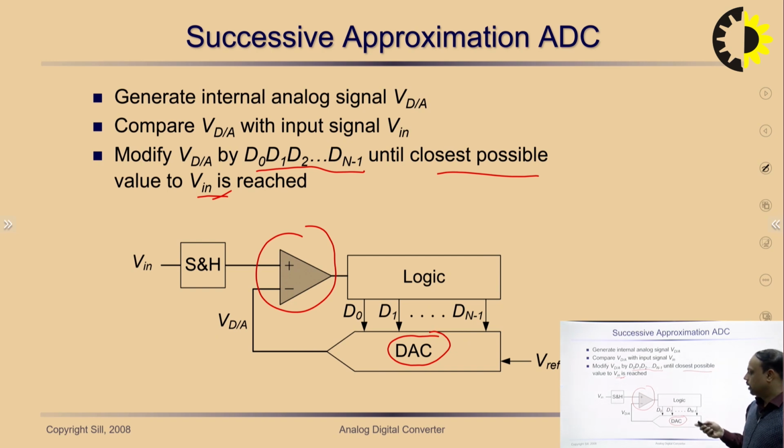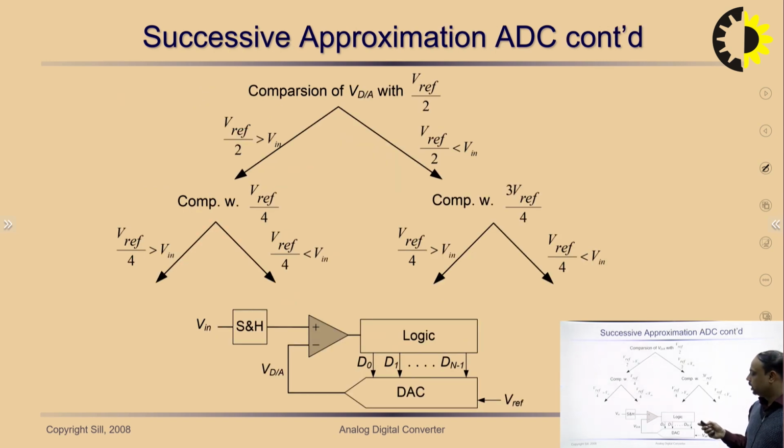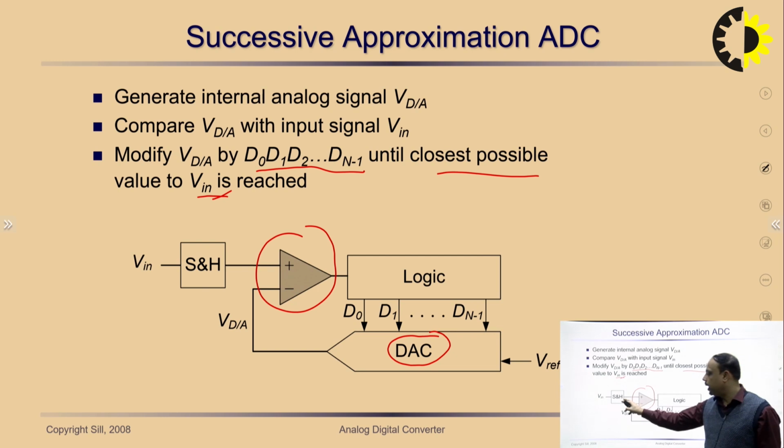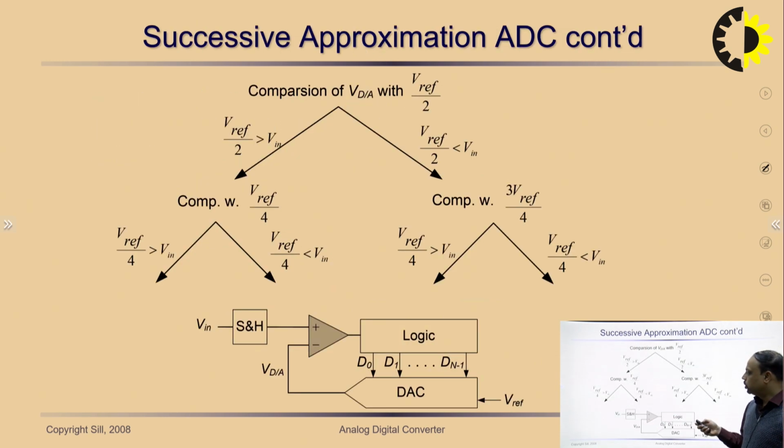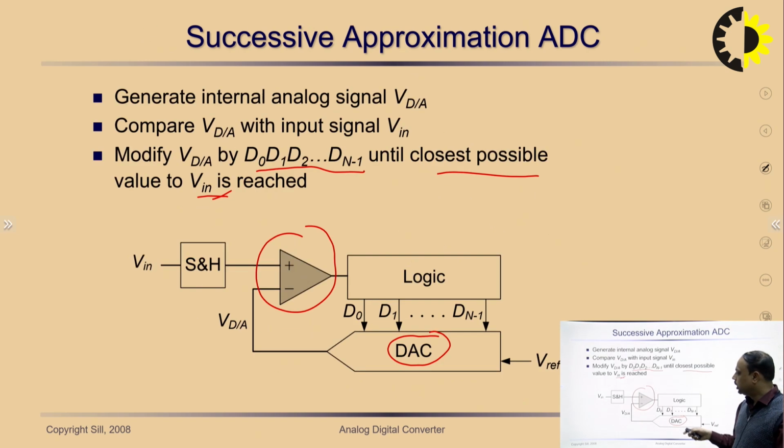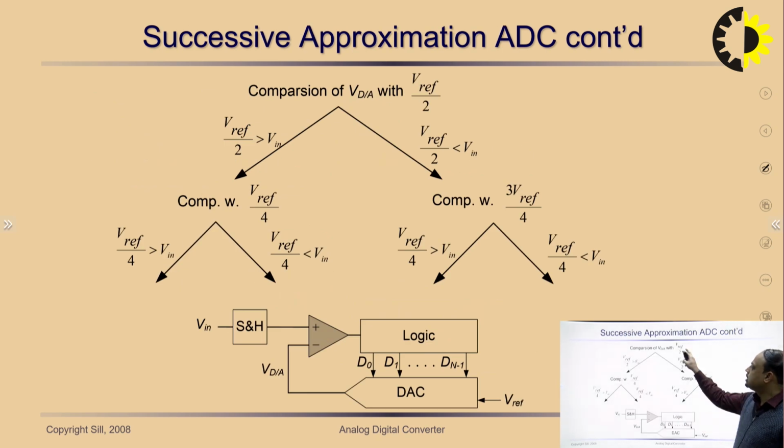So how does this comparator work? The input signal is applied, and this input signal is compared with the digital to analog output. From here, the most significant bit is first set to 1, so that the reference signal VDA output is equal to V reference divided by 2, as we can see over here, and then the input signal is compared with V reference divided by 2.